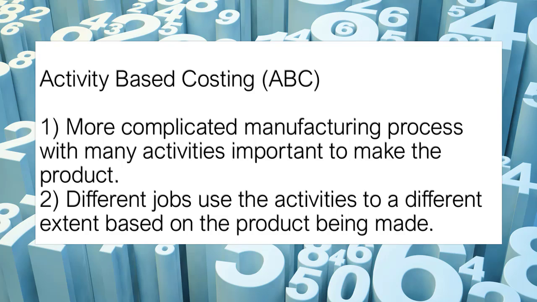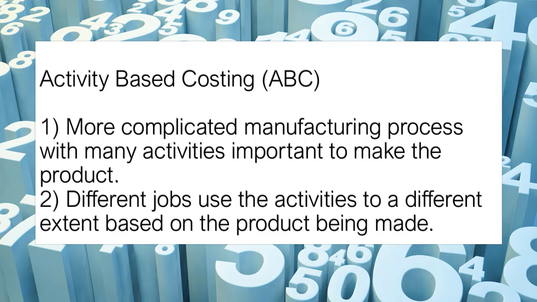So you have a lot of different activities going on, and each of those activities is very different from each other, and there's no overriding activity that would be the best cost driver for every one of those activities. So maybe you don't have a cost driver that really works well for the entire factory. And each of these jobs uses the activities to a different extent.